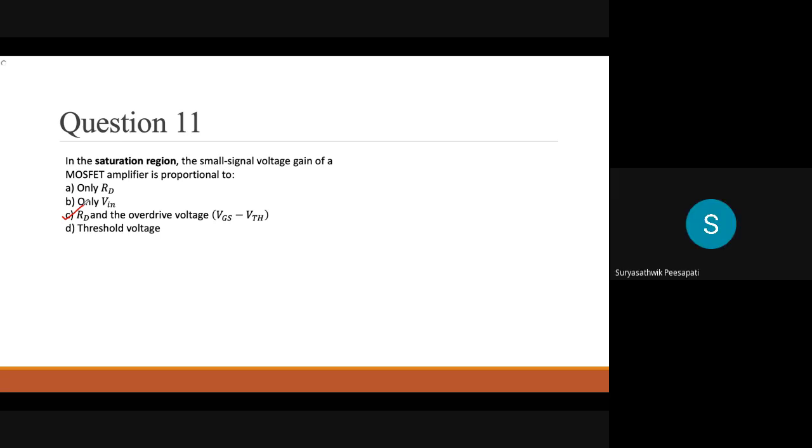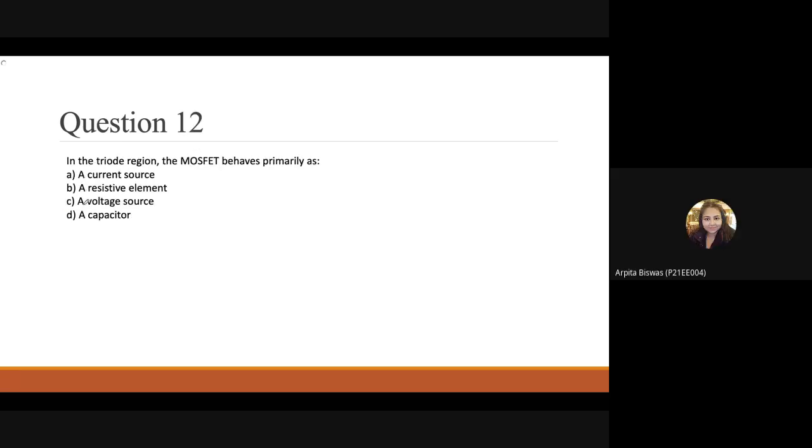Okay, ma'am. This is the question number 12. In the triode region, the MOSFET behaves primarily as a current source, a resistive element, a voltage source, or a capacitor.